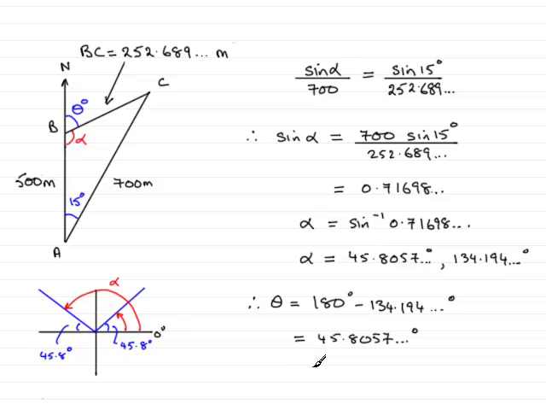Now bearings are normally quoted by three figures. We often say a bearing is a three-figure bearing, so we would therefore have theta equals 046 degrees if we give it as a three-figure bearing.